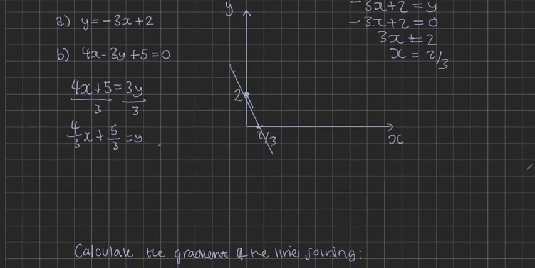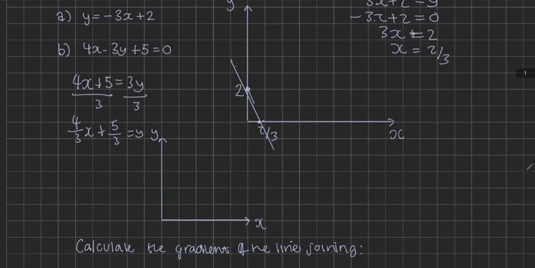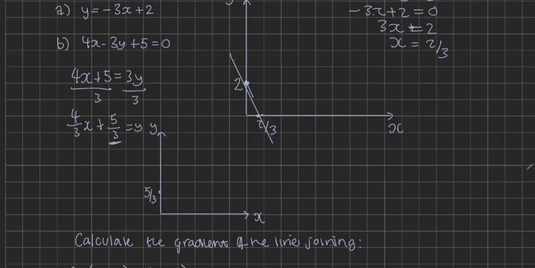And so if we just draw a small axis here, this is our y-axis and this is our x-axis. Our y-intercept will be 5 over 3. Draw that here. And to find the x-intercept, we can set y to 0. So we have 4 over 3x add 5 over 3 is equal to 0.